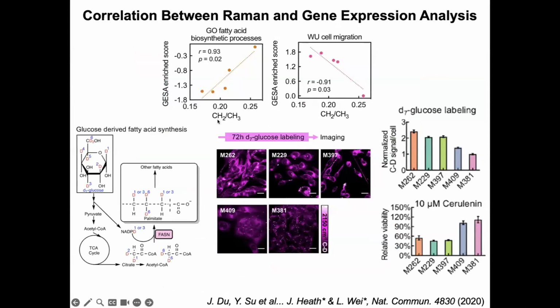So we used a live cell assay with deuterated glucose incubation, and then we targeted a carbon-deuterium band that specifically corresponds to the newly synthesized lipids, once the deuterium is transferred to newly synthesized lipids through the TCA cycle. We also confirmed this decreasing trend, which confirms that the lipid to protein ratio most likely comes from decreased fatty acid synthesis across the phenotypes.